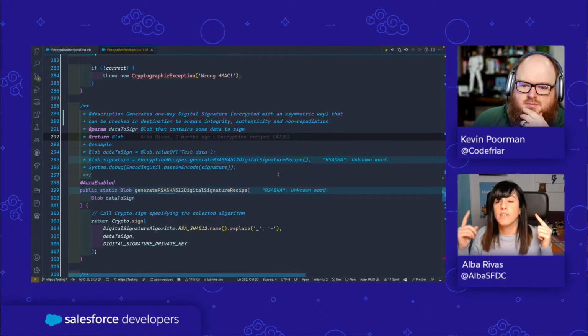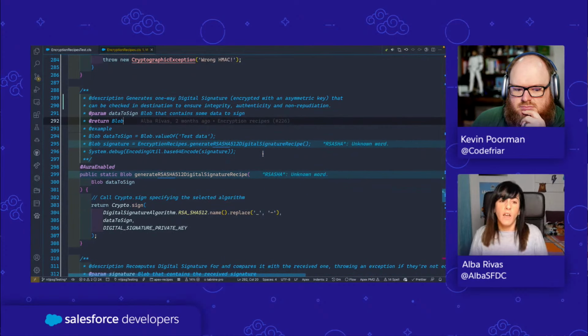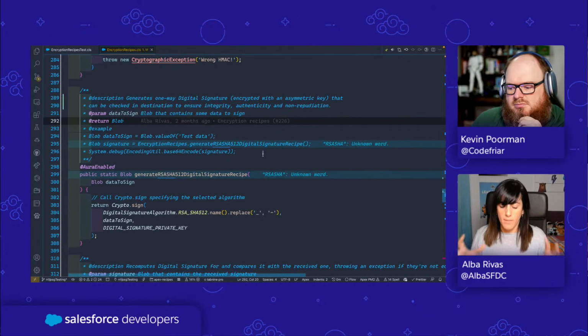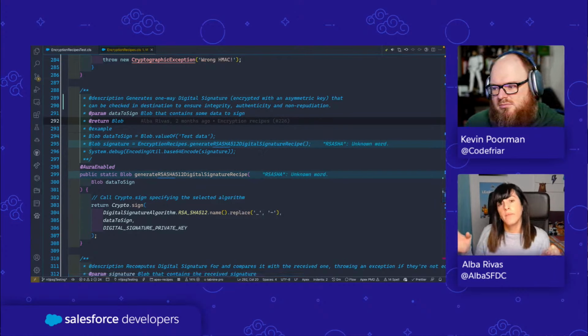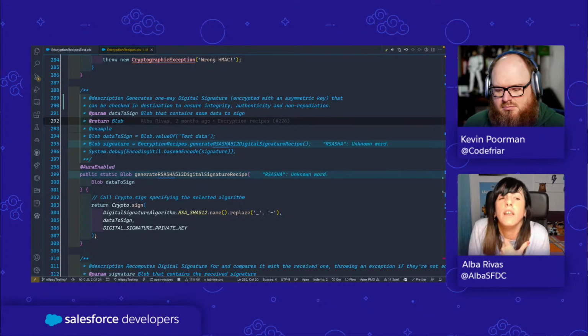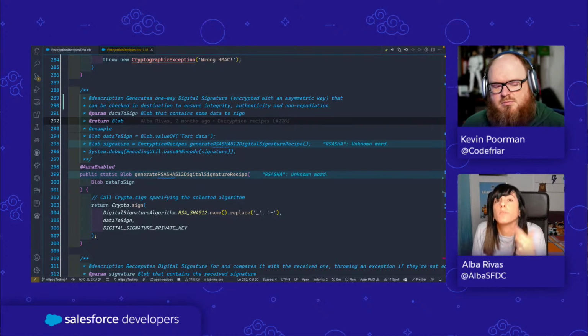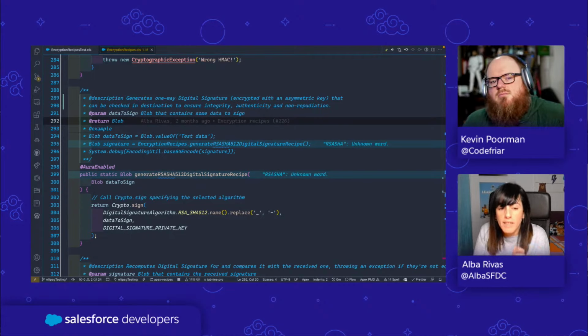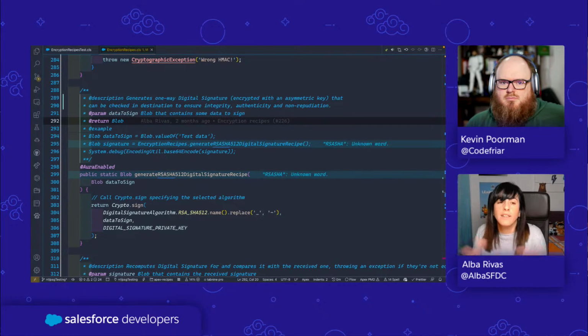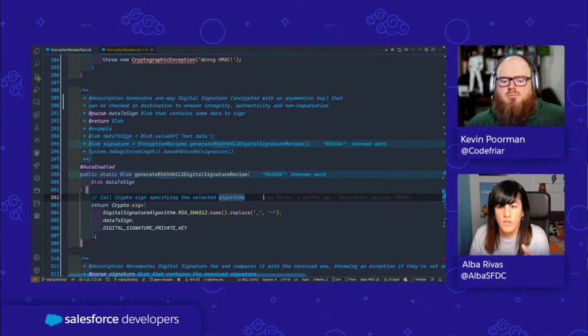That is where I was confusing it with the previous use case, the HMAC, right? And why is it more secure this way? Because when you use an asymmetric key in which there is a private and a public key, you don't have to share your private key with anyone. You are the only person who has that private key, right? And that means that no one else can say that they are signing the message as if they were you, right?